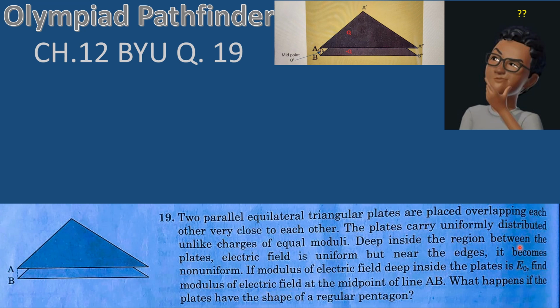Deep inside the region between the plates, the electric field is uniform, but near the edges, it becomes non-uniform. It means if you enter inside between the plates, at the points where you can see under the shade of both the plates by 2 pi angle, the electric field is uniform, but at the edges it is not uniform.